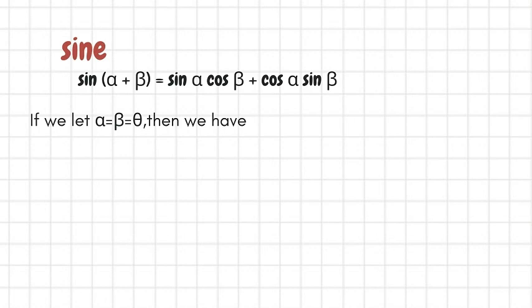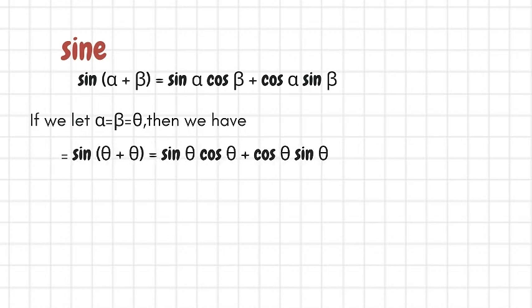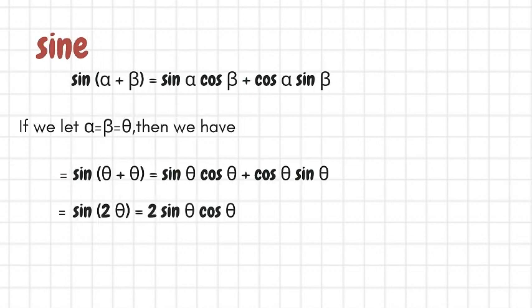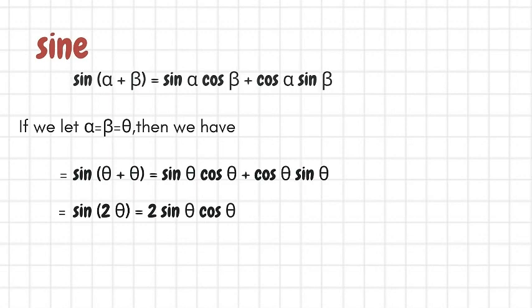Now, if we let alpha is equal to theta and beta is equal to theta, then we have sine of theta plus theta is equal to sine theta times cosine theta plus cosine theta times sine theta, and that makes sine 2 theta is equal to 2 sine theta cosine theta, and that is the double angle formula for sine.